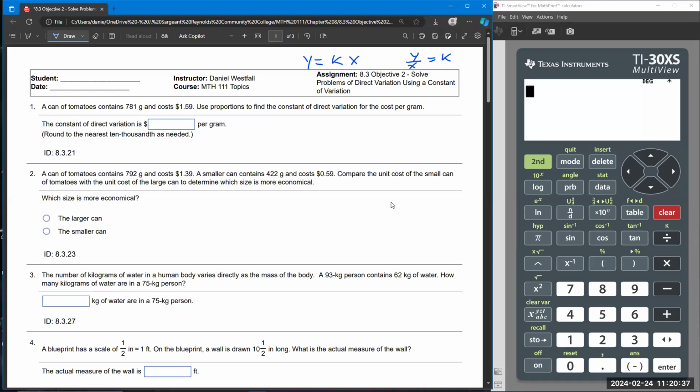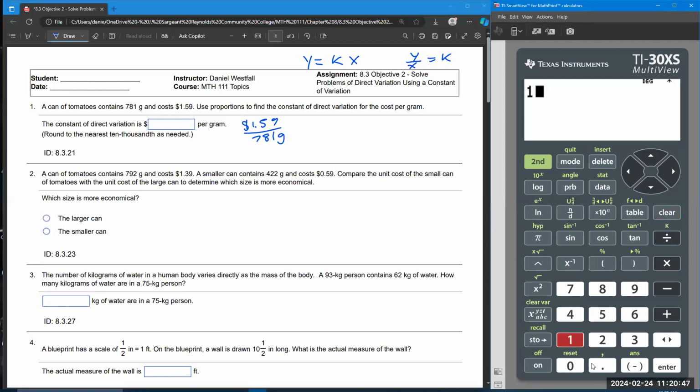So for instance, the cost here is going to be a function of the weight. So we have 159 over 781 grams is going to be that many dollars or cents per gram.